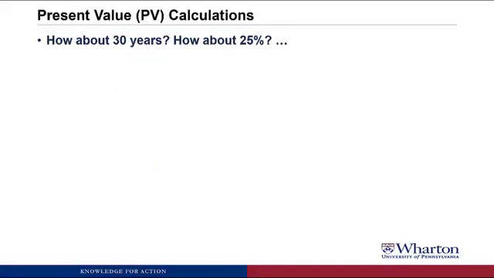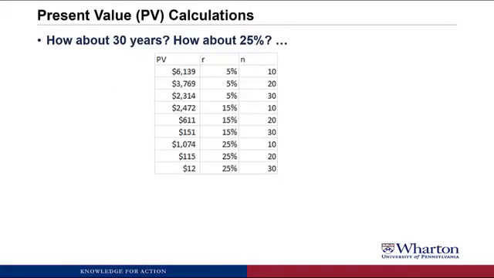So if we looked at 30 years or 25%, so do the same kind of sensitivities we did before, what we find is that if you look at the 5%, as the number of periods gets bigger, the present value gets smaller. If we look at 25%, same thing, as the number of years goes up, the present value goes down. And then for a given number of years, like if you look at all of the 30-year rows, as we go from 5 to 15 to 25%, the present value gets smaller.